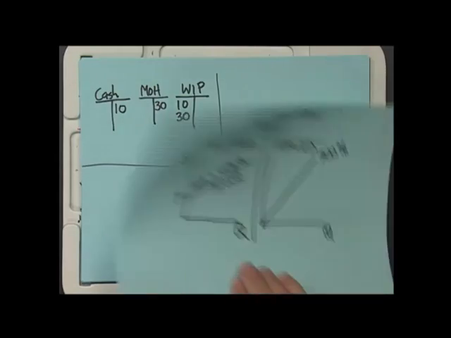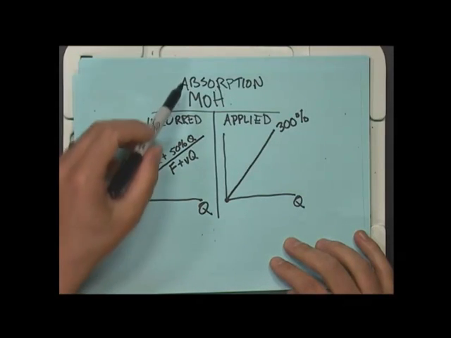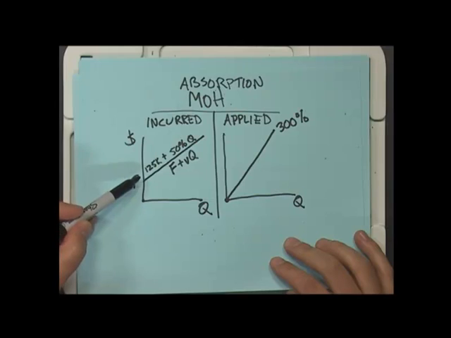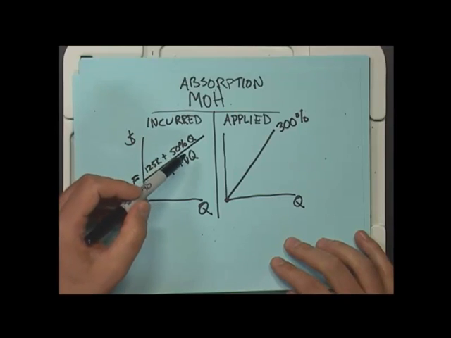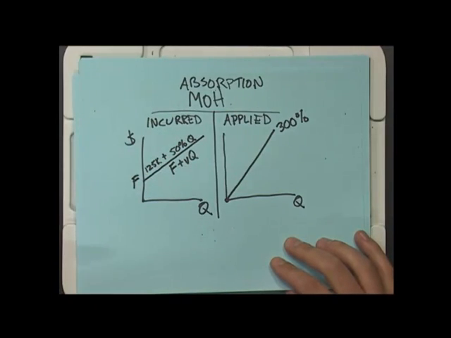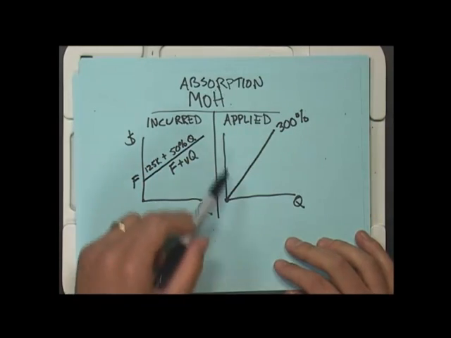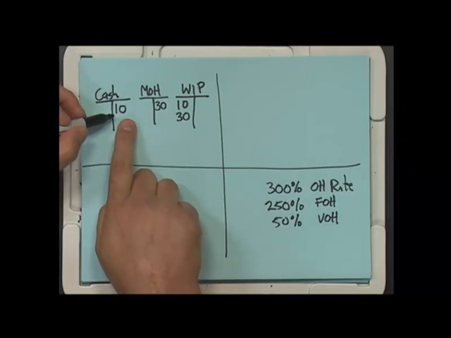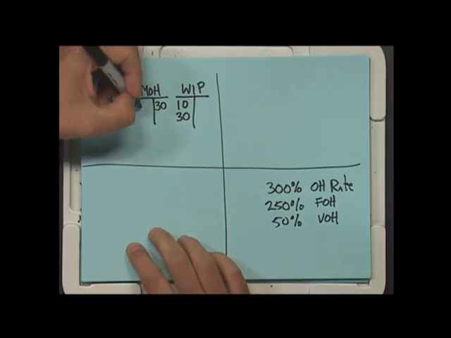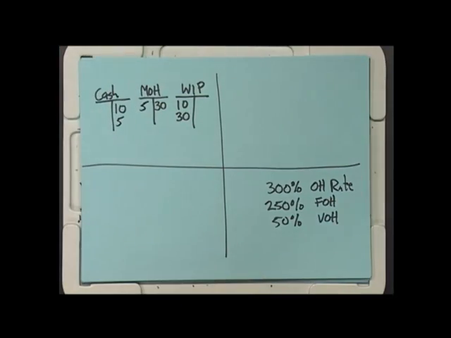It doesn't work for incurred overhead, as we saw in this figure, where under absorption costing we incur $125,000 up front and then only an additional 50% on every direct labor dollar, because that's the economics of what's going on, even though we apply at a constant 300% rate. So since we have $10,000 of direct labor at a 50% rate, we are going to spend another $5,000 in variable overhead costs.